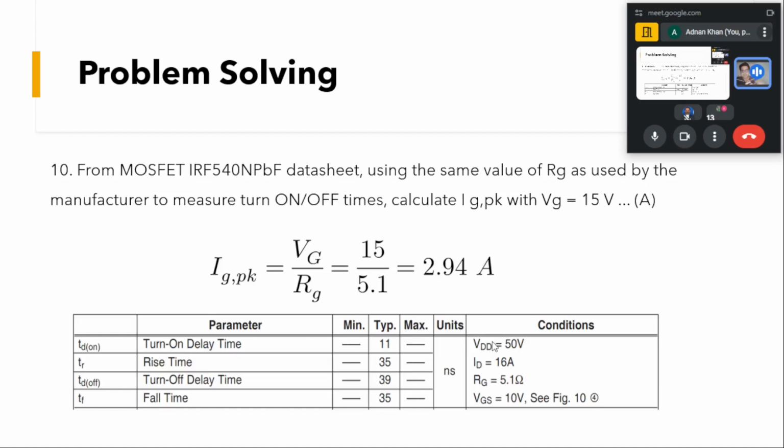Since we can have a negative voltage as well, but since it has not been given here that we have any negative voltage during the off state, we will assume it is 0 during the off time. Initially the voltage that will be applied across the RG, because VGS is initially 0, so the peak current will be at that moment. So the voltage will be 15, and we divide that by RG, it will be equal to 0.94 amps. So that will be the answer to this question.